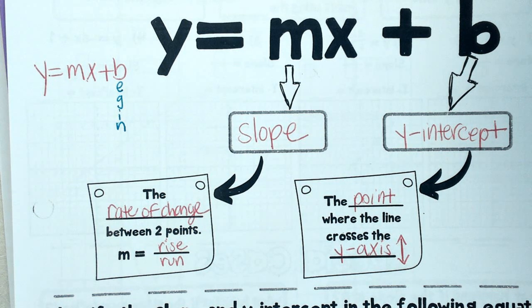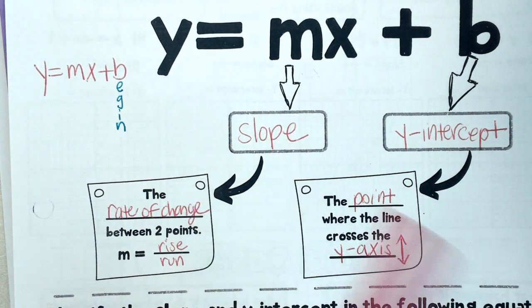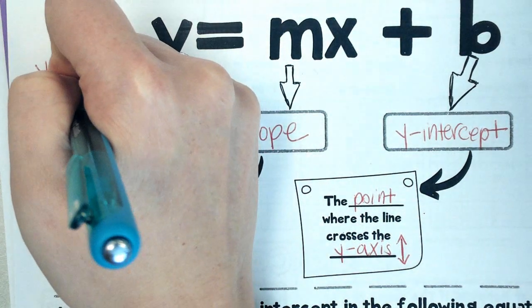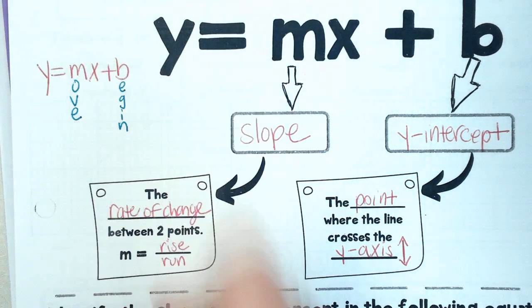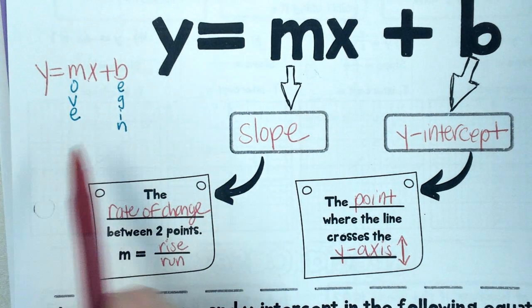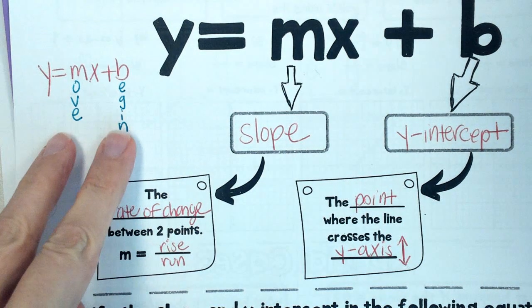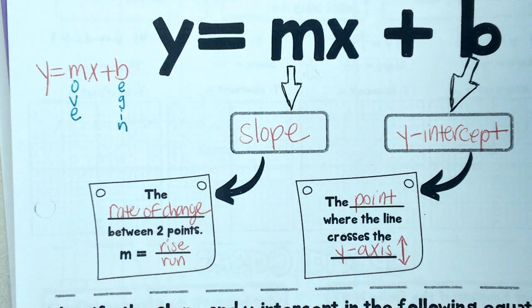So we're going to plot our point on the y-axis, and that's where we're beginning. Then we think of our m, our slope, as how we move from that first point. Those words usually help people more, thinking of it as begin and move rather than slope and y-intercept. This is what they really mean.